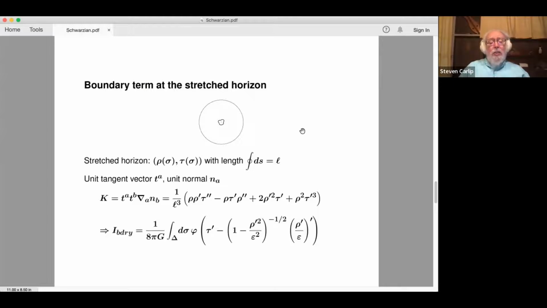Given that, it's easy to find the unit tangent vector and the unit normal to this curve. Then the mean curvature, the trace of the extrinsic curvature, is just a tangential projection of the covariant derivative of the normal.